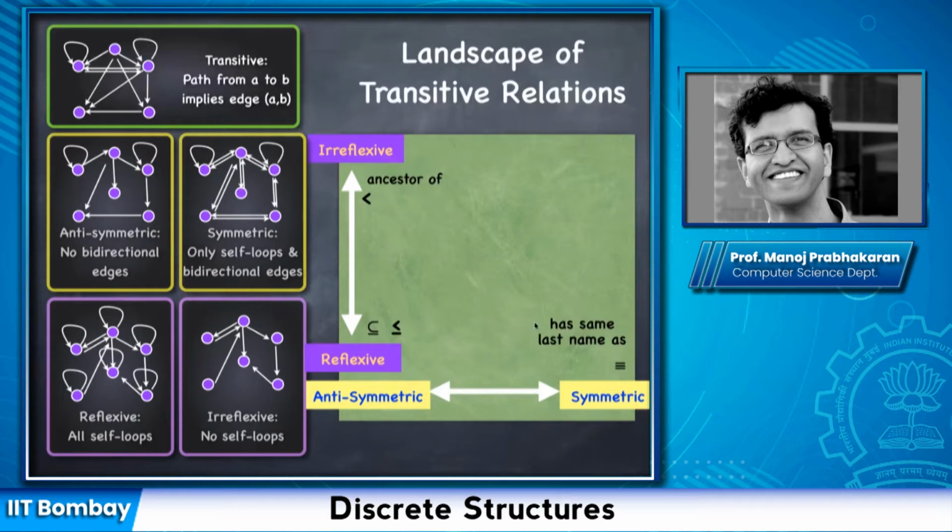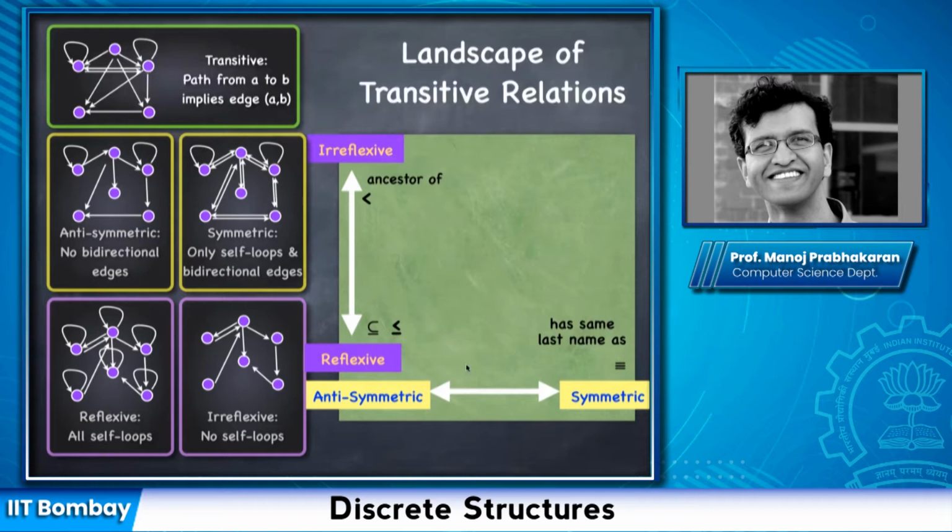And you can convince yourself that there is no interesting transitive relation which is symmetric and irreflexive. It will have to be the empty relation. That's something we can do as an example. So this is what the landscape of transitive relations looks like in terms of these two axes of symmetry and reflexivity.